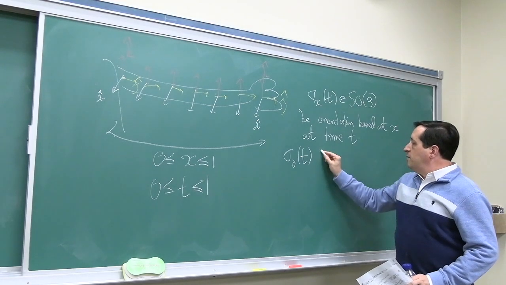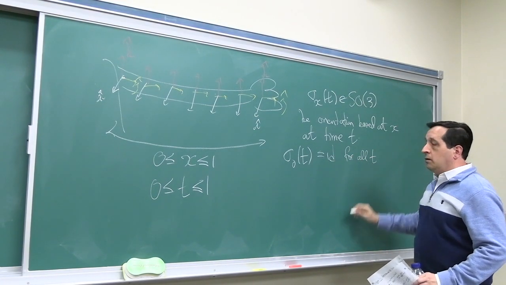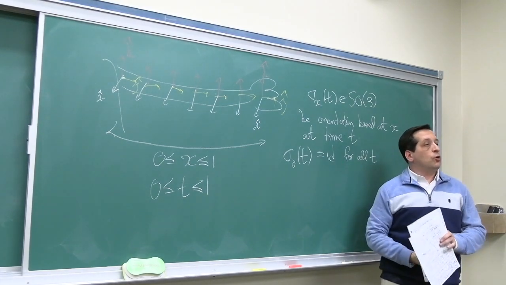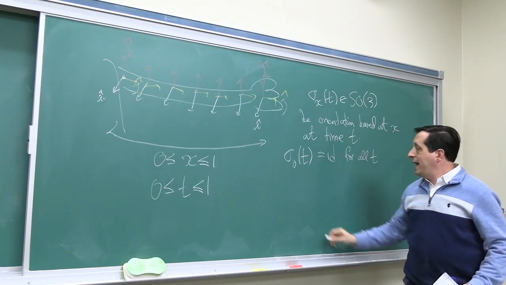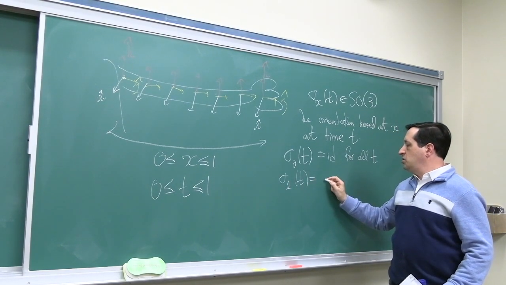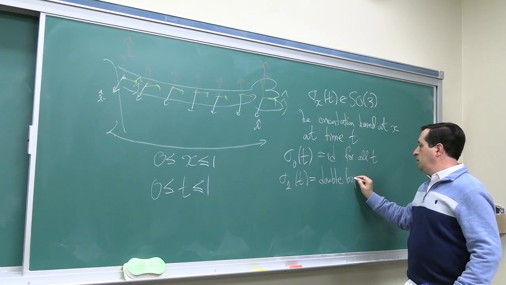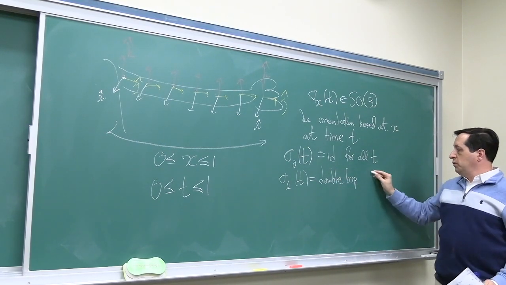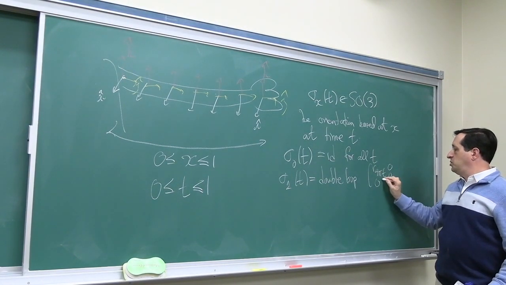So this is the identity for all time. At the shoulder, the frame is never moving. What happens at the other end? This is the double loop. Over a time interval of length 1, this was the rotation R(4 pi t) about the axis.